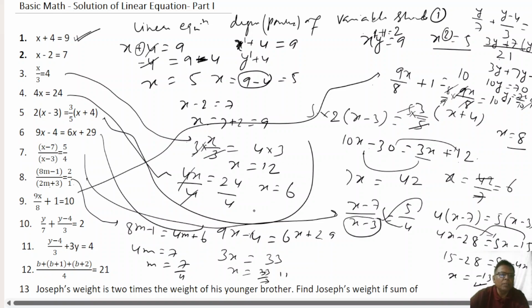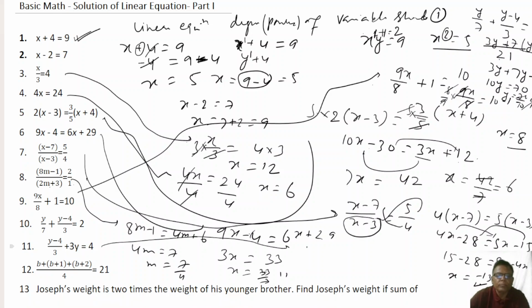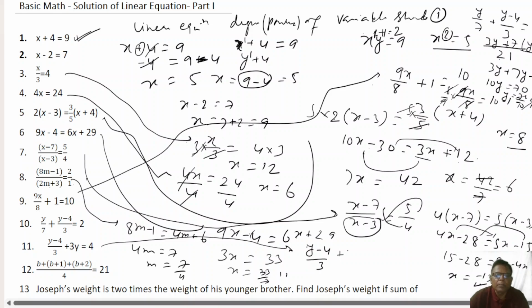So now come to the 11th question. (y minus 4) divided by 3 plus 3y is equal to 4. You take the LCM 3, then this will be y minus 4 plus 3 into 3y is equal to 4 times 3, which is 12. Then y minus 4 plus 9y is equal to 12.